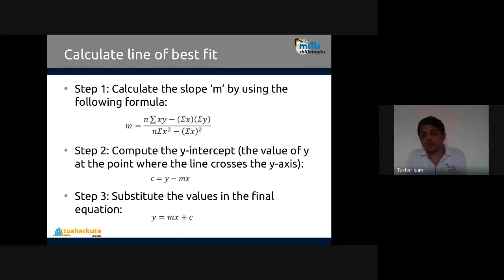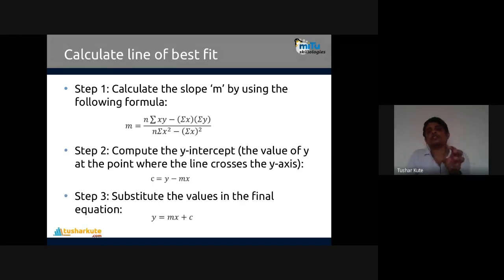So m is equal to n, the total number of elements, into the summation of x into y. We have to multiply all x and y together and then add them all together, that is the summation of xy, minus the summation of x into the summation of y.